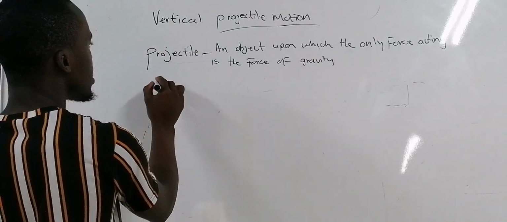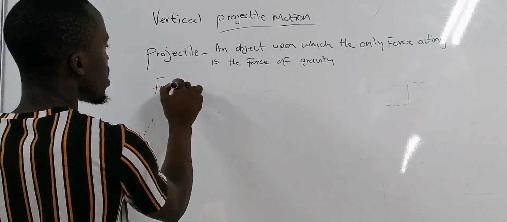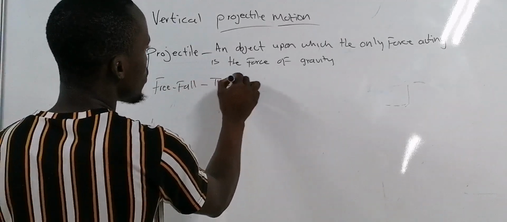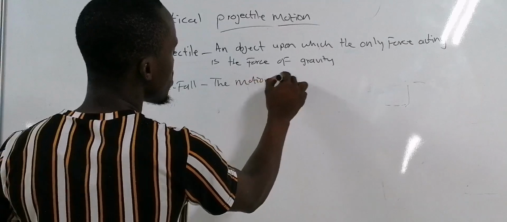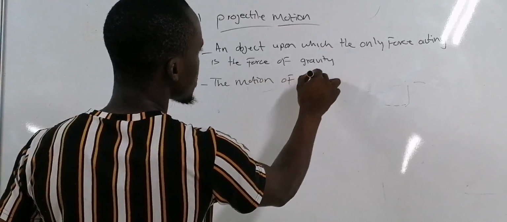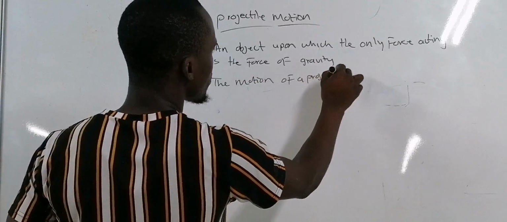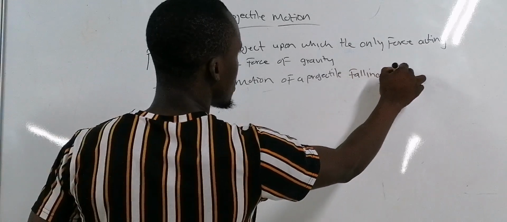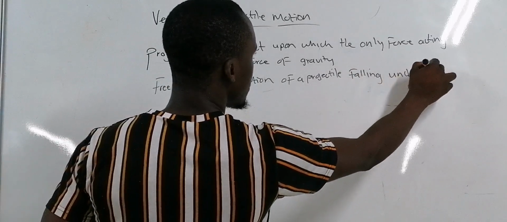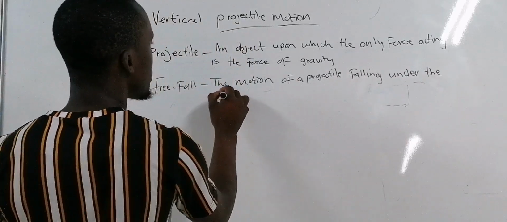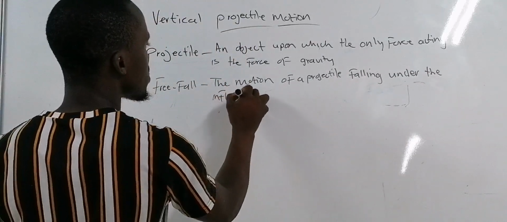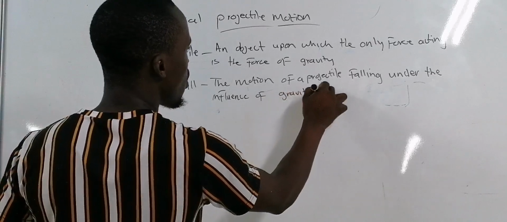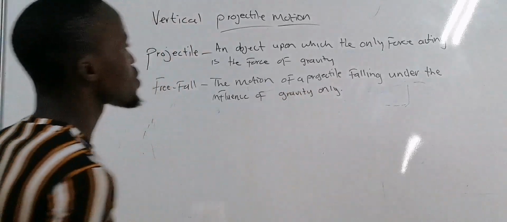Then we have something known as a free fall: the motion of a projectile or of an object falling under the influence of gravity only, or gravitational force only.